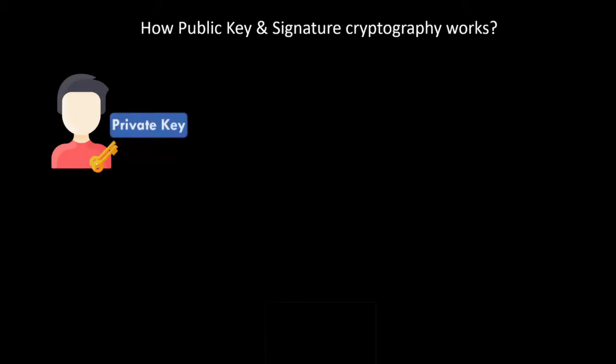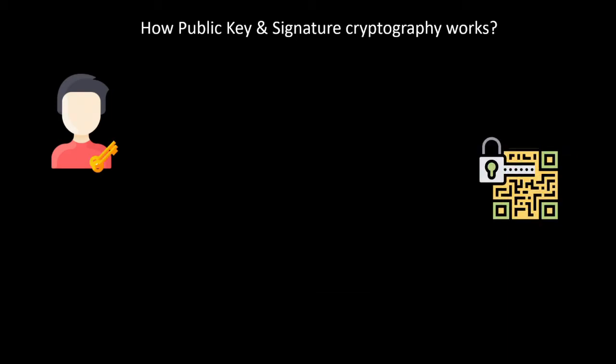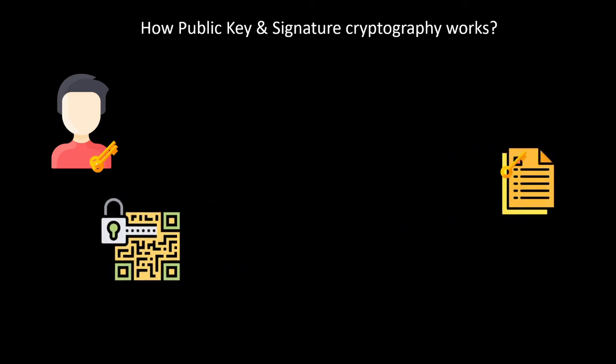Alex has his own private key and public key. Now, a message was encrypted by Alex's public key. And when it comes to Alex, he can use his private key to decrypt it.